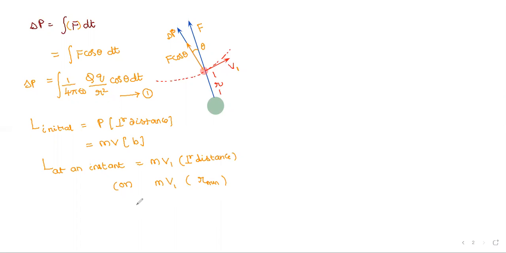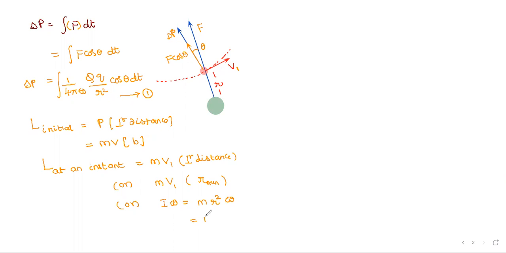Or at an instant I can take it as I omega. I omega means you can consider the alpha particle as a point mass, and you can write it as m into the distance from the center squared, m r square, into omega. Here the angle changes now.